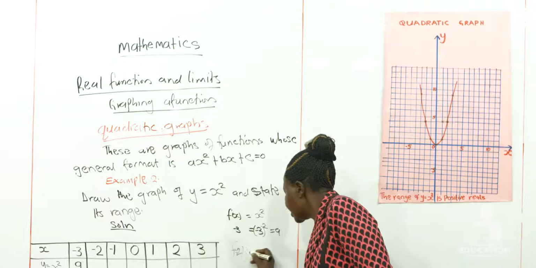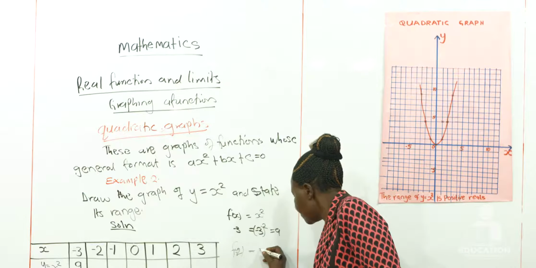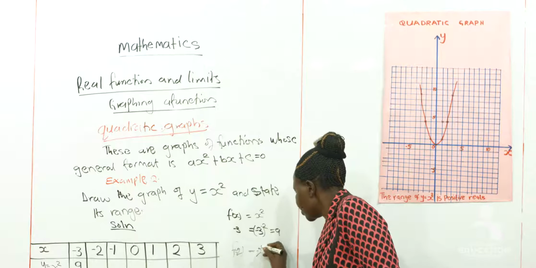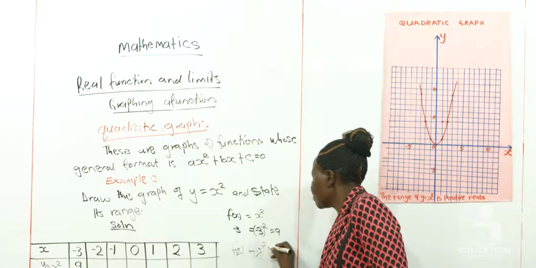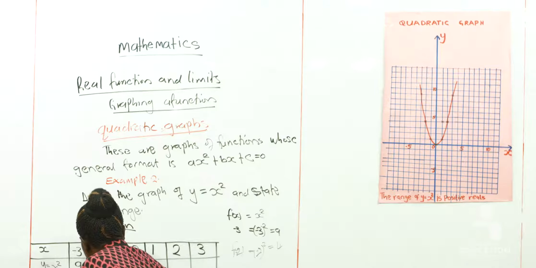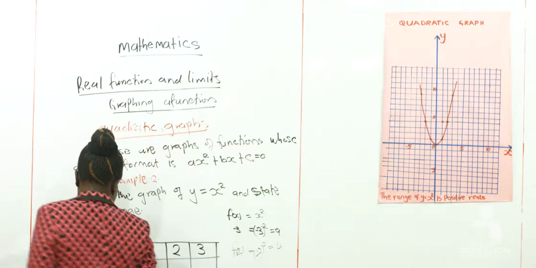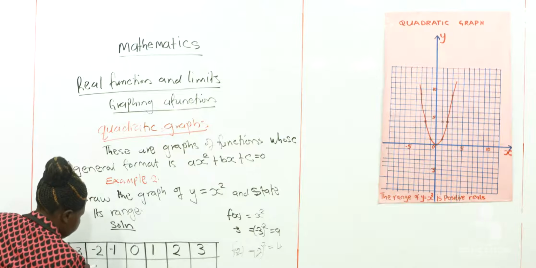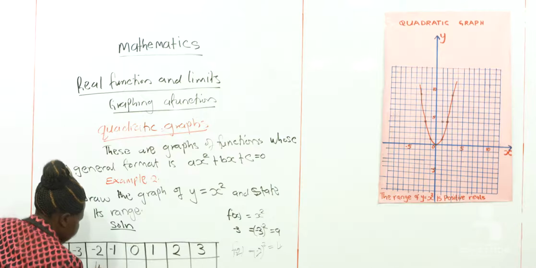When we square it, we get positive 4. So here will be positive 4. We shall fill here as positive 4.